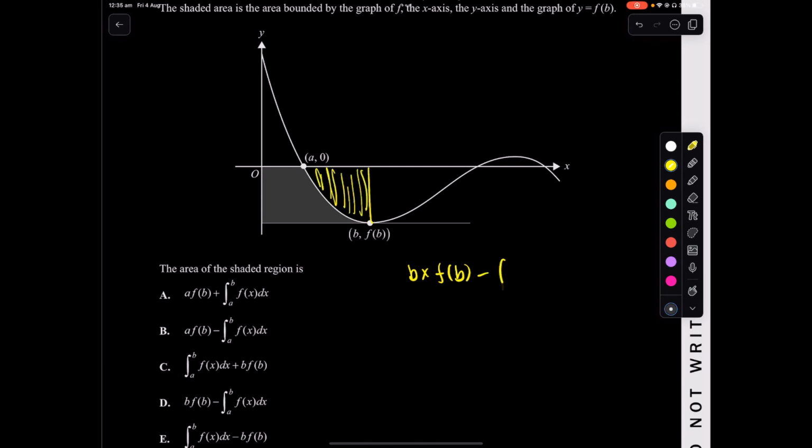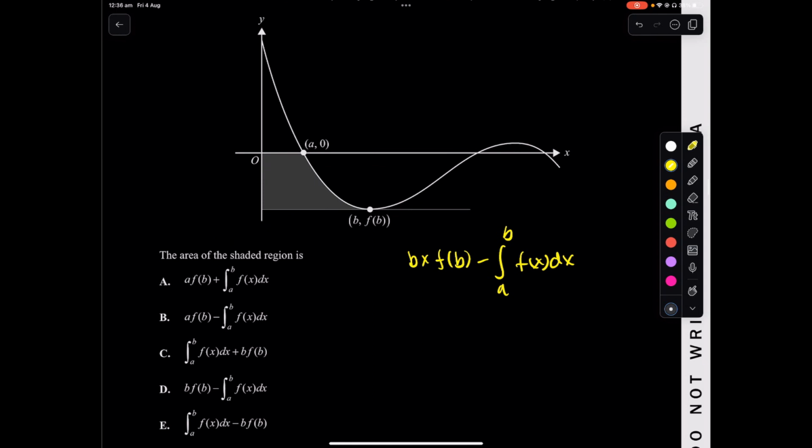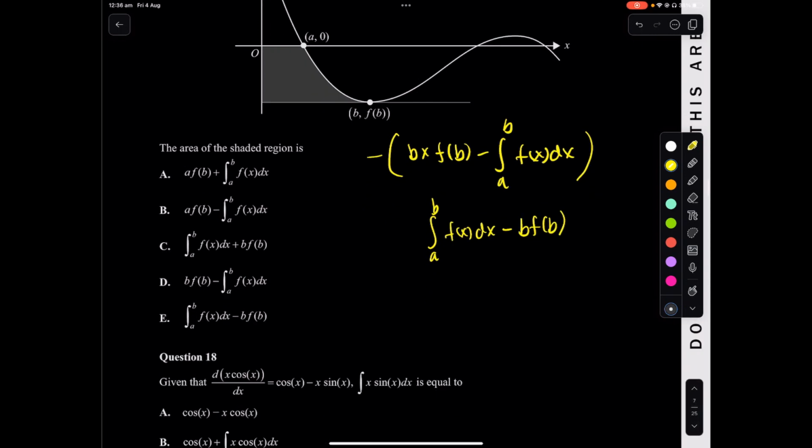So minus integral from A to B, f of x dx. Because these are all below the x-axis, the area would be negative. So we want to multiply all of this by negative, which will mean the integral from A to B, f of x dx minus B f of B. Looks like an easier answer for this one. Is that right?